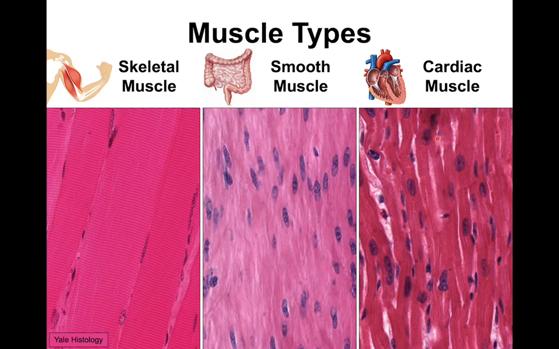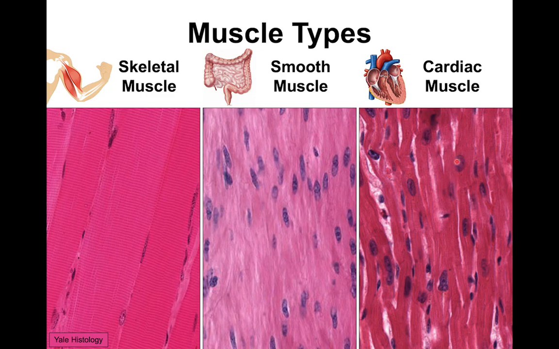The third type is cardiac muscle. Cardiac muscles are found in the wall of the heart, in the myocardium, the middle wall of the heart. And cardiac muscles, like skeletal muscles, are striated. They show light and dark bands under the microscope. But like smooth muscle, they contain a single nucleus, and the nucleus is found at the center.